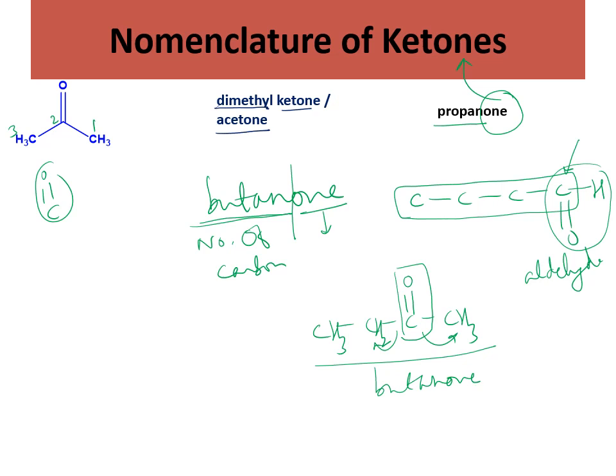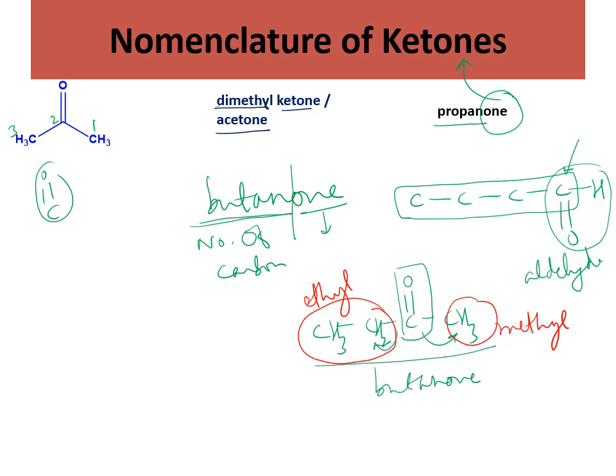Okay. At this point we can discuss the common name also. What you see here is that on one side you have an ethyl group, because it is a group of 2 carbons, and on the other side this group is a methyl group. So we can mention these 2 groups in the name and put the word ketone at the end.